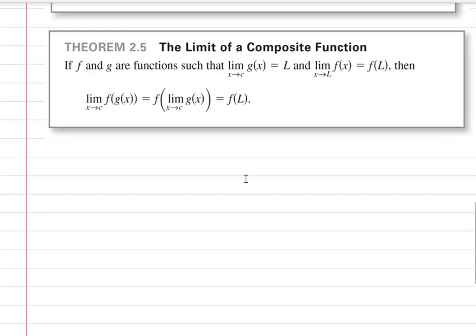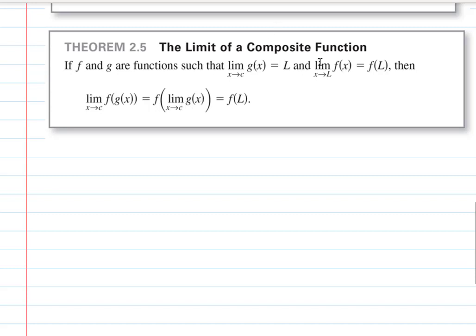Okay, another property that we have is the composition of functions. All of these are stated as theorems because they can be proven, but they're pretty straightforward. I'm going to start using them in our problems here. The limit of a composite function is equal to the outer function of the limit of the inner function.